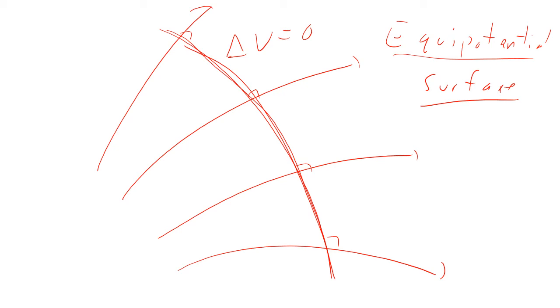In fact, this is one way that you measure fields, because it's very difficult to directly measure the fields. So what you will sometimes do is measure the electric potential, using a voltmeter or something to measure the electric potential difference between 2 points, and so you can trace out where the potential difference is 0, and that means that you've found this equipotential surface. If you know the equipotential surface, then you know the direction the fields are going.